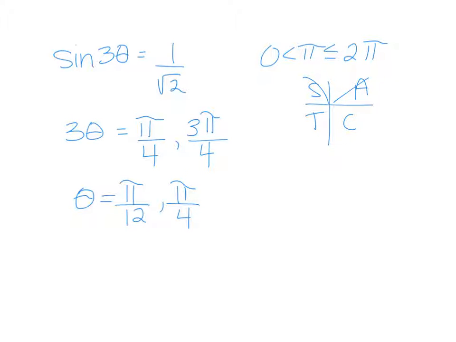And that's good, except that it's not all of the answers. Because we found all of the angles for 3 theta that are between 0 and 2 pi, but not for theta. So if we were going to find another answer for 3 theta, we'd have pi over 4, 3 pi over 4. What would the next one be?